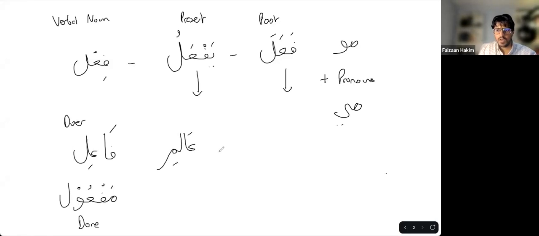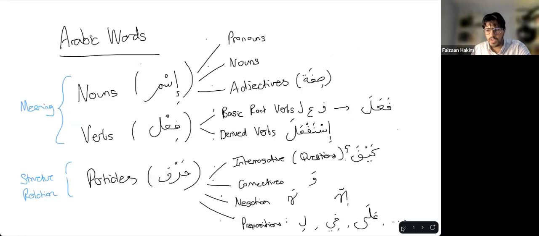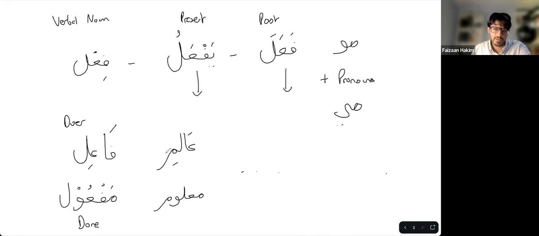Alima means to know. Alim means someone who knows. Ma'lum, that which is known. A knower, known. Doer, done. And there are more forms, but that will suffice us for now. I would say that you should learn all of these types of words, because this is the framework which we use to understand the language.